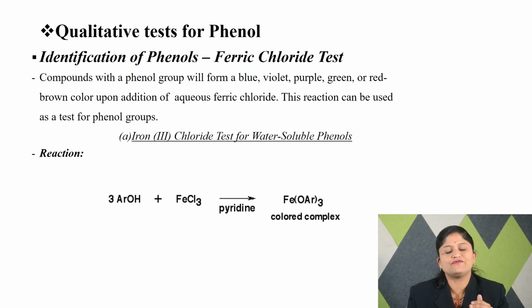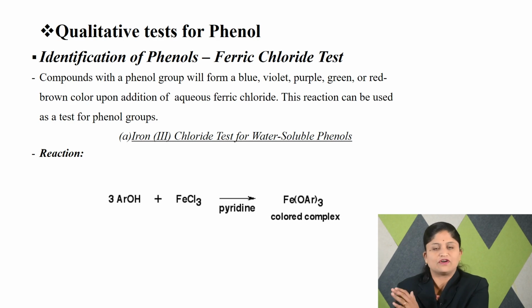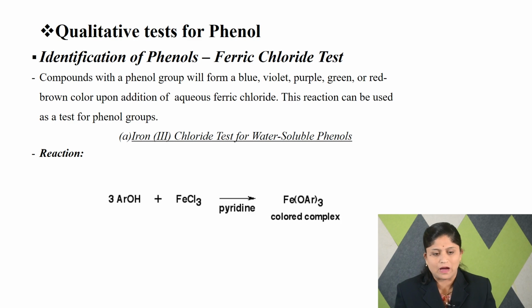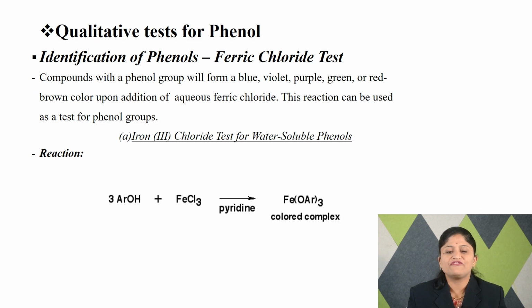Now, the next point which we are going to discuss is the identification and confirmatory test for phenol, because this is there in the syllabus. How are we going to identify whether a phenol nucleus is present in a given unknown compound? For that, we have the ferric chloride test, in which compounds containing the phenol group are able to form a variety of colored compounds when they react with aqueous ferric chloride solution.